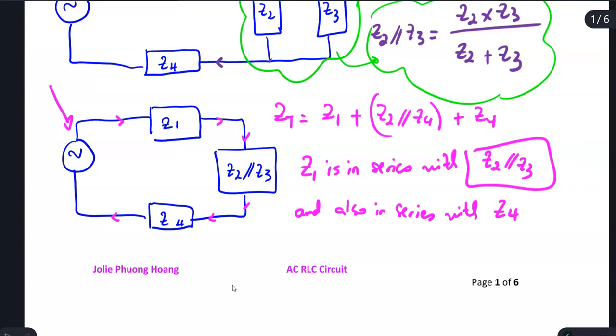I am sorry, I said Z4 earlier, but I mean Z3. My thought was going to the plus Z4, so I pronounced it as Z4. So the Z total will be equal to the value of Z1 plus the value that you are going to find in this formula plus the Z4, because these three components are connected in series.